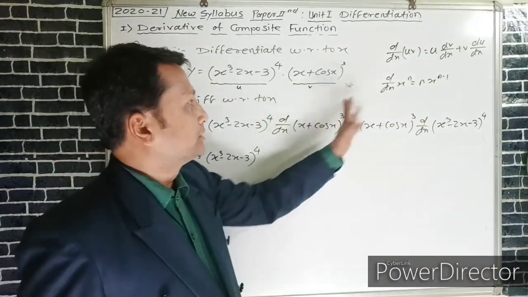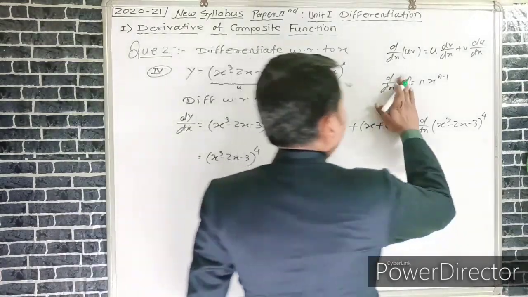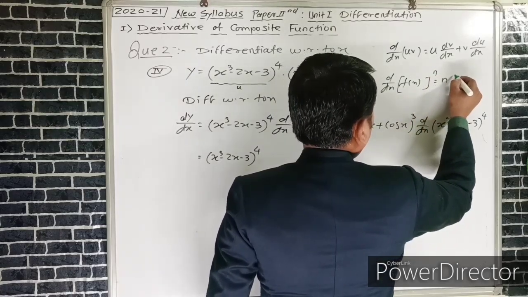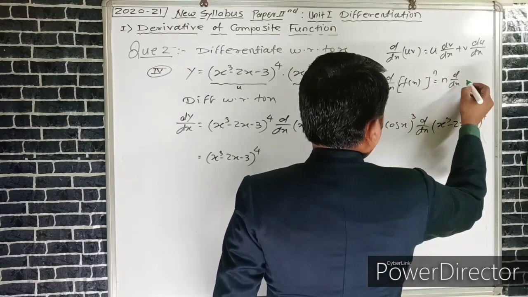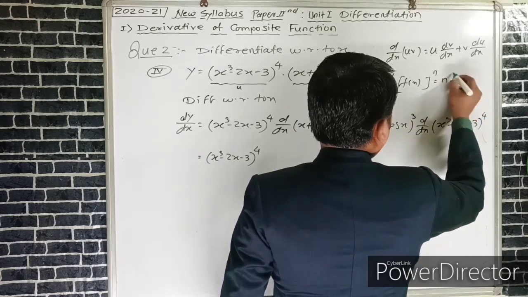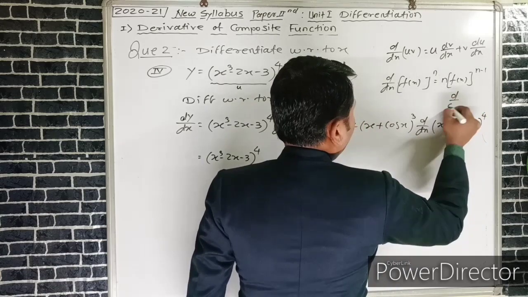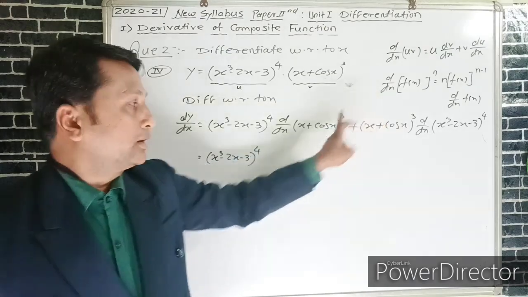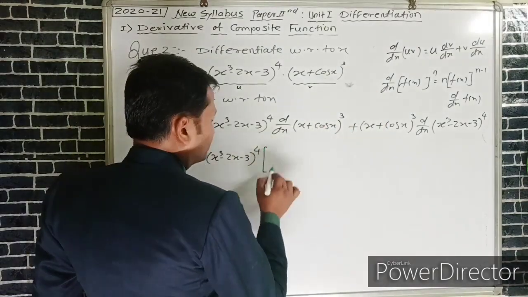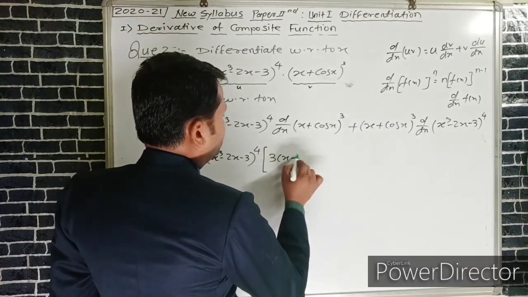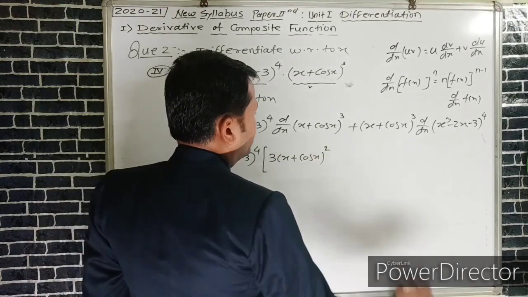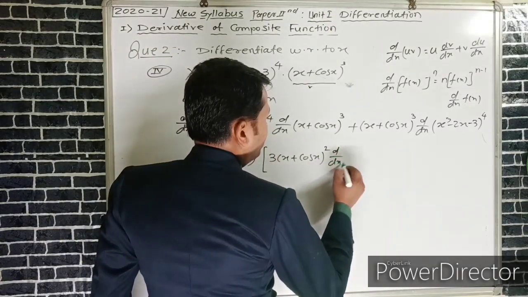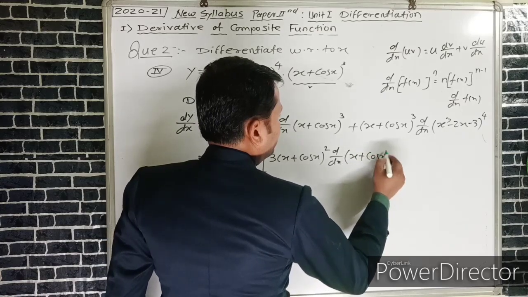If the function is (f(x))^n, its derivative is n (f(x))^(n-1) into the derivative of f(x). By applying this formula, we write 3 (x + cos x)^(3-1) = 3 (x + cos x)^2, into again the derivative of x + cos x.